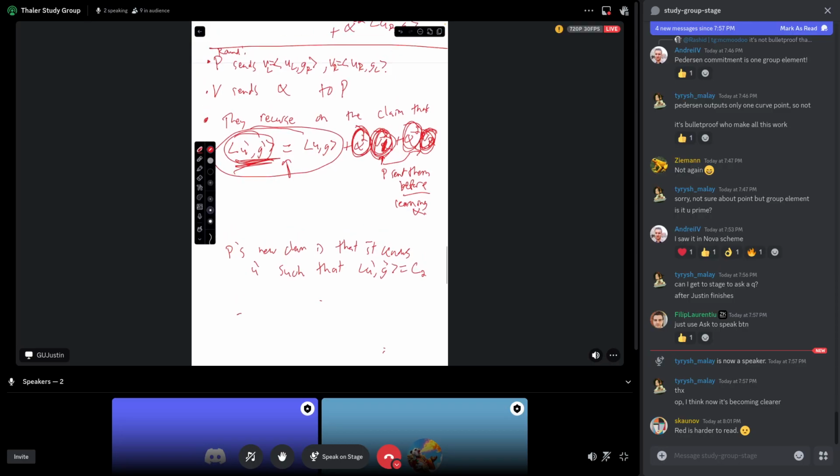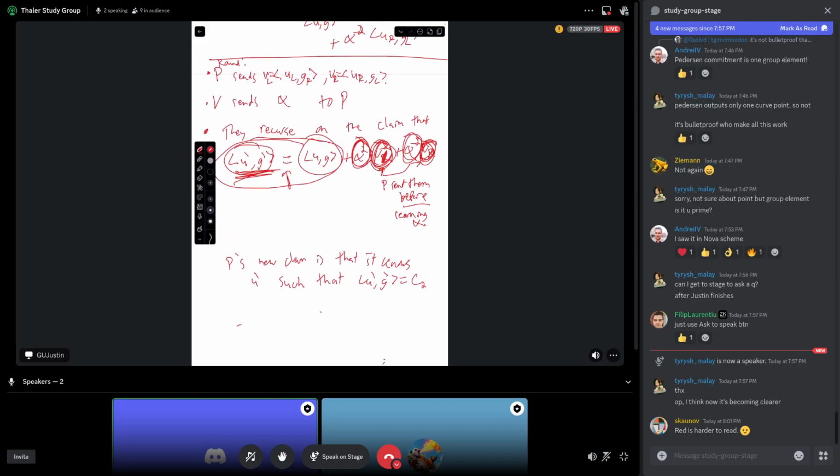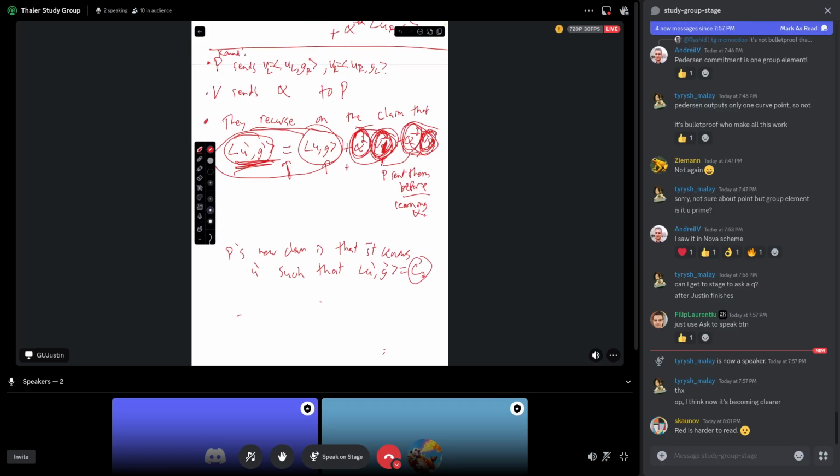This group element is the original commitment plus this thing plus this thing. So there's homomorphism going on here. The verifier on its own can compute this: one group element plus a scalar multiplication of VL plus a scalar multiplication of VR. So the verifier is doing two scalar multiplications and two group additions to get this C2.